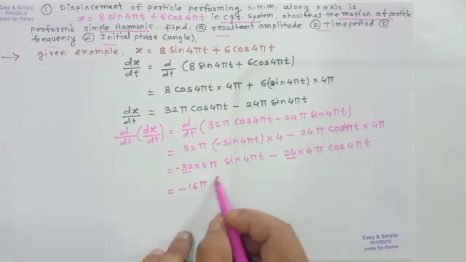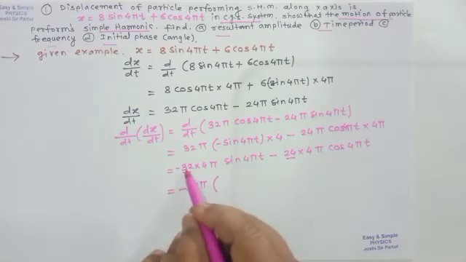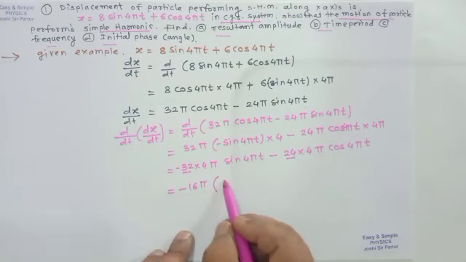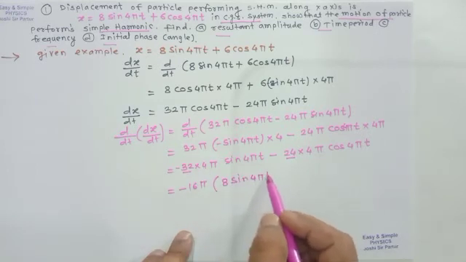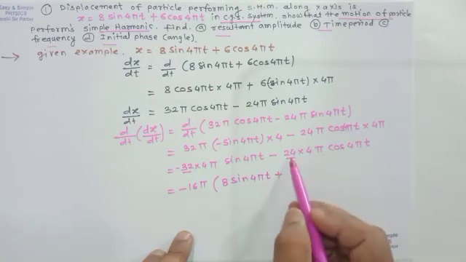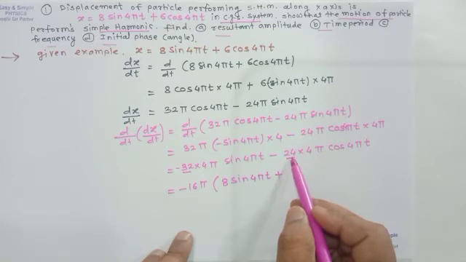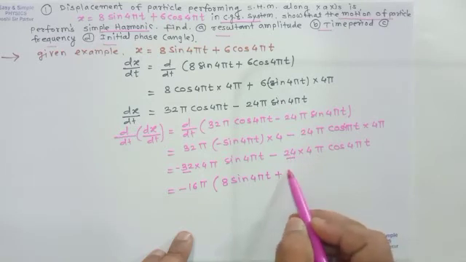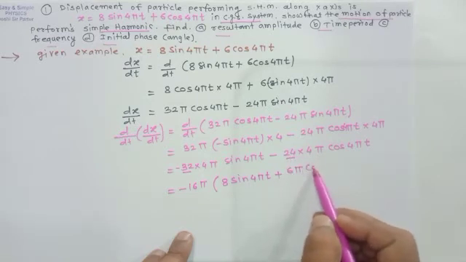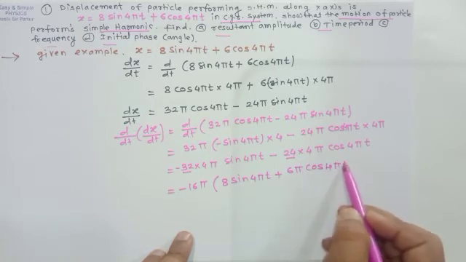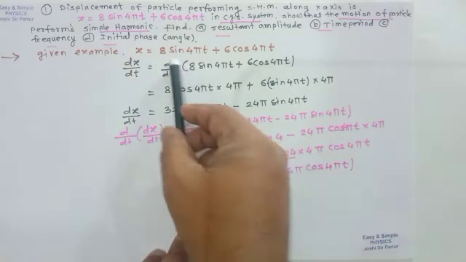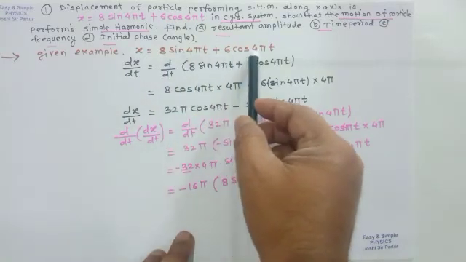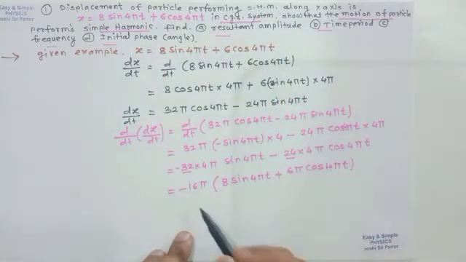In bracket it is 8 sine of 4 pi t plus 6 cos of 4 pi t. So we know that 8 sine of 4 pi t plus 6 cos of 4 pi t equal to x.